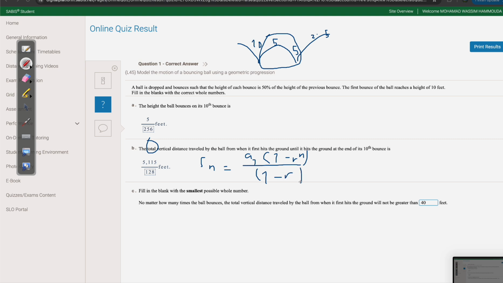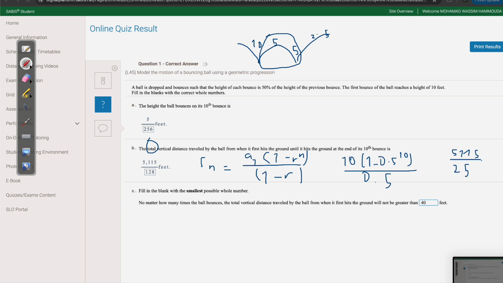So we're gonna do 10 into 1 minus 0.5 to the 10 over 1 minus 0.5, which is 0.5. You are going to get 5115 over 256.